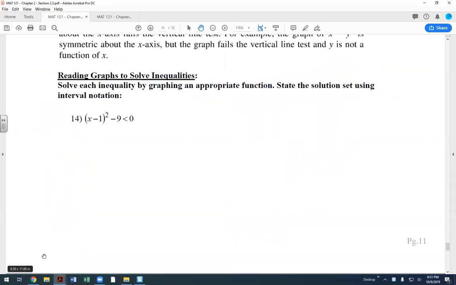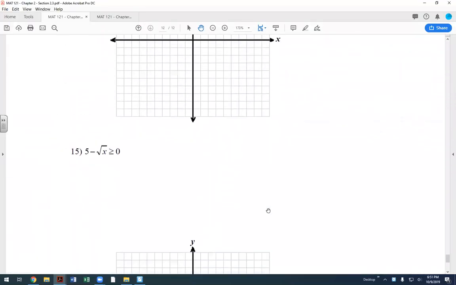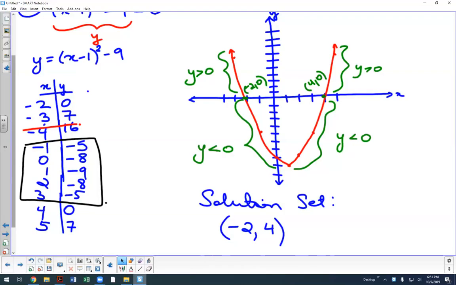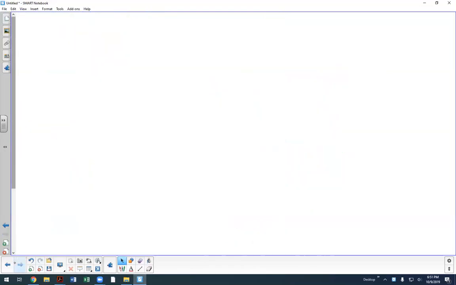You have the same exact thing on the next example. They're just changing the function here. So start by graphing what 5 minus square root of x would look like. So create a table and see what that ends up looking like.